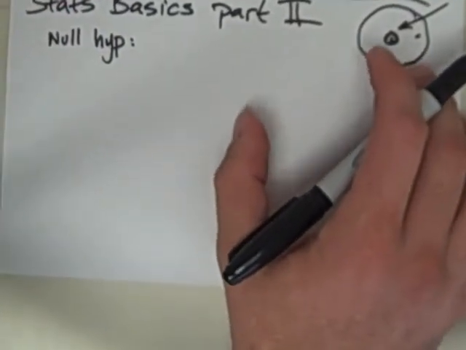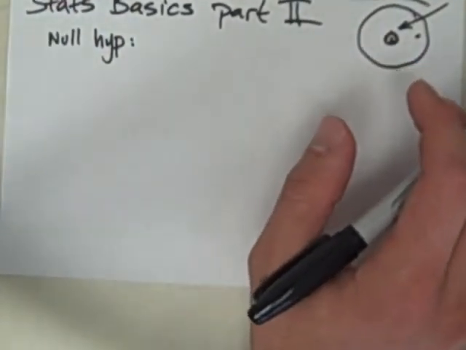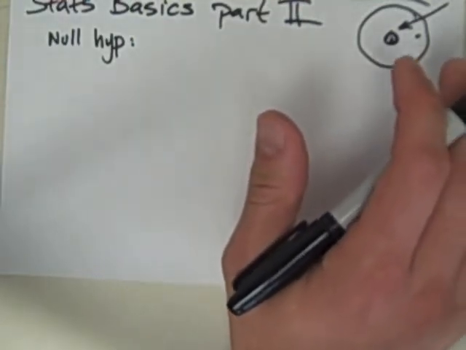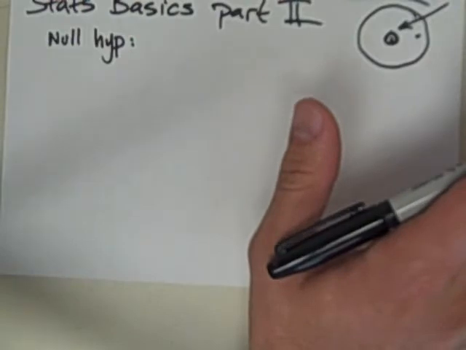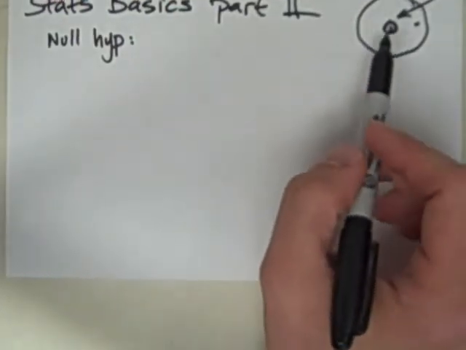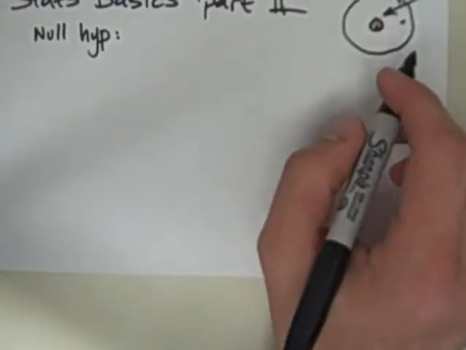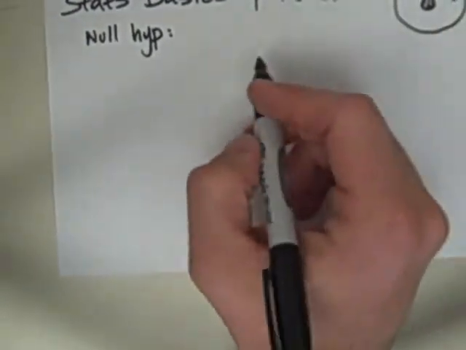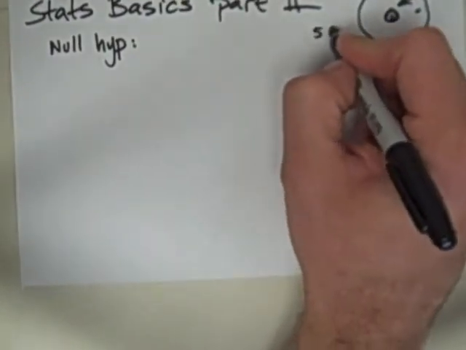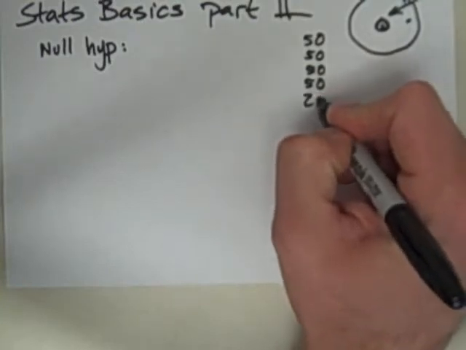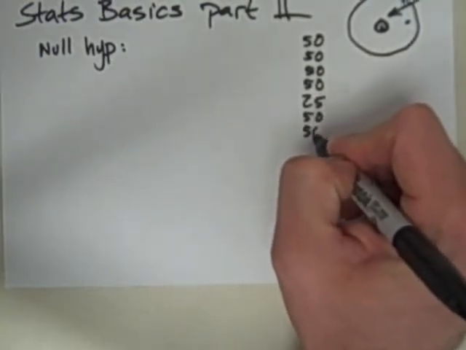The same idea applies to laboratory testing and statistics in general. We've got to recognize that random chance is going to cause change every now and then. So, if we were to say, let's prove that this guy can get the bullseye every time, and let's say that a bullseye is worth 50: 50, 50, 50, 50, 25, 50, 50.